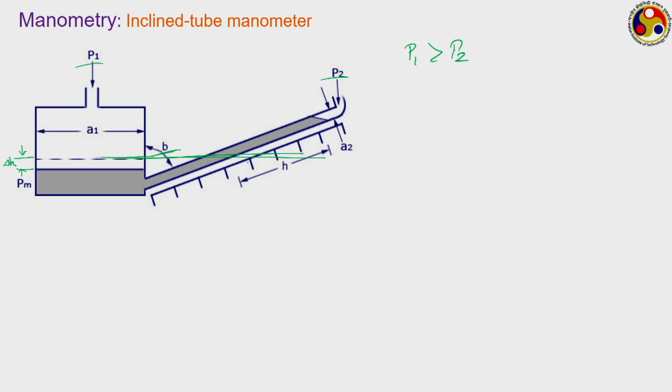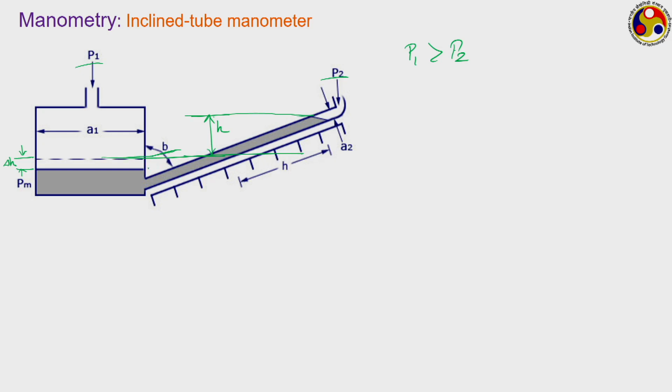Corresponding to this, there is an increase in the elevation of the fluid. So let us say this is the datum and this is the final position, and there is a change of elevation H between the two. Then how much is the total net difference?